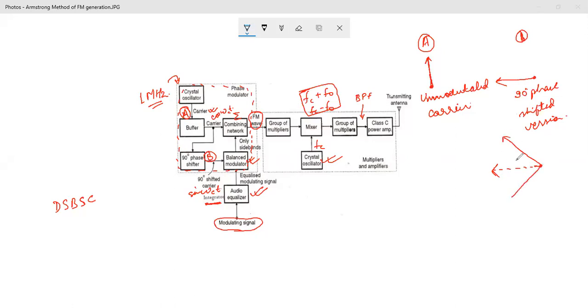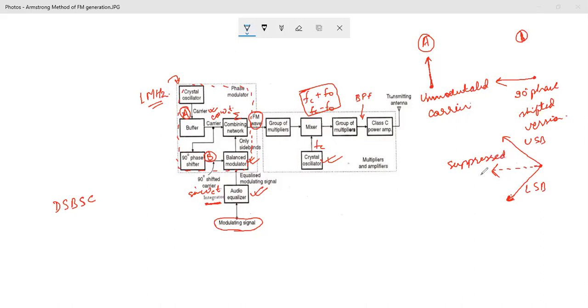So there are two signals, maybe USB, that is upper sideband, and the lower sideband. So we have it with suppressed carrier.